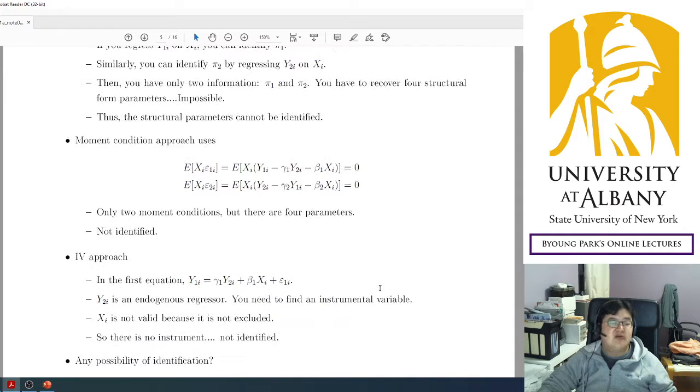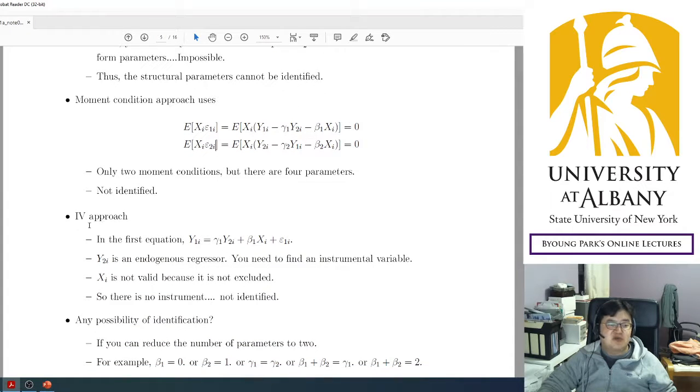It cannot be solved. Another approach here is the IV approach. So you may think about an instrument for the endogenous variable. In the first equation of the structural form, y1 is a function of y2 and x. Here the problem is endogeneity in y2. So you can identify gamma and beta if you can find an instrument for y2.